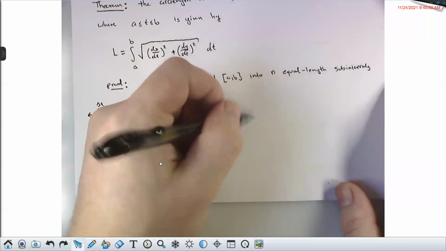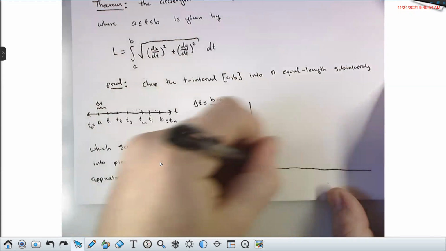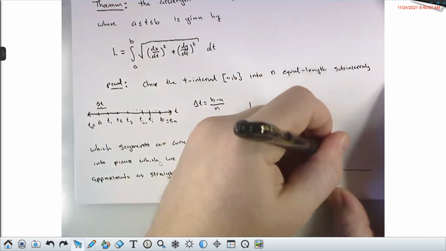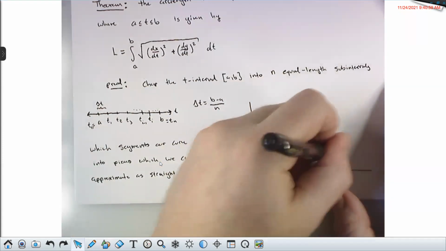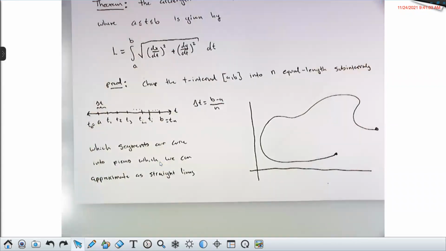So over here, I'll draw my curve. Here's my initial point. With something like this. Here's my terminal point.